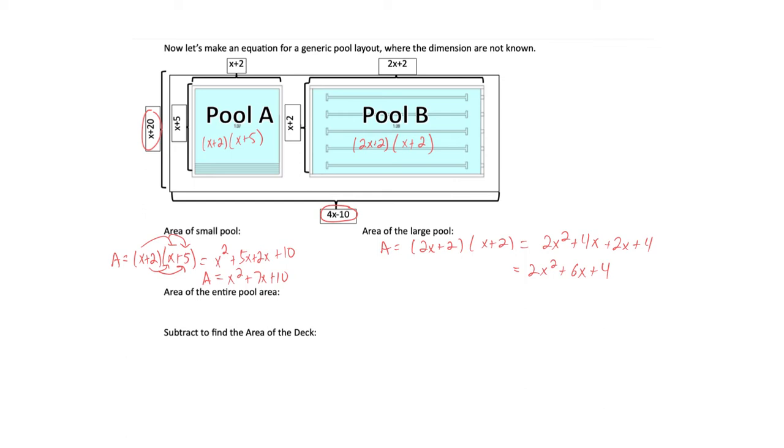Then we have to find the area of the entire pool area, which is 4x minus 10 times x plus 20.